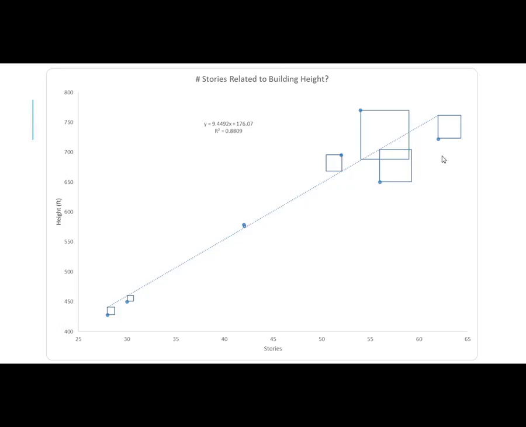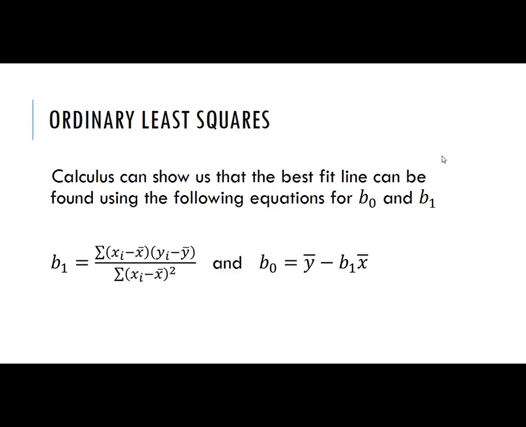Right? So how do we do that? How do we know that that line that we put there is in fact the best one? Well, calculus can show us that the best fit line can be found using the following equations for b sub 0 and b sub 1. We calculate the slope first. Right? We estimate the slope first.